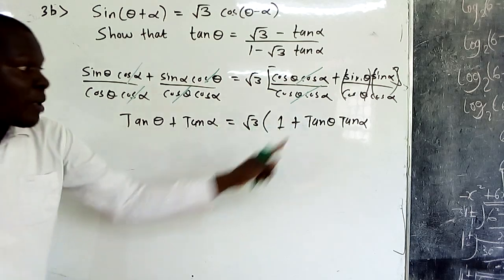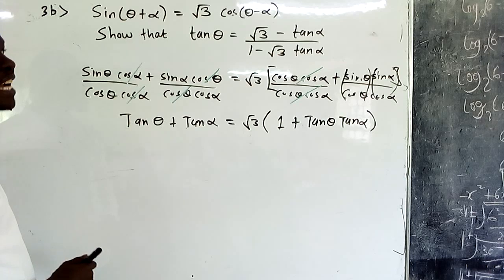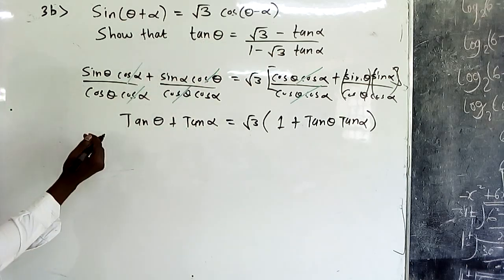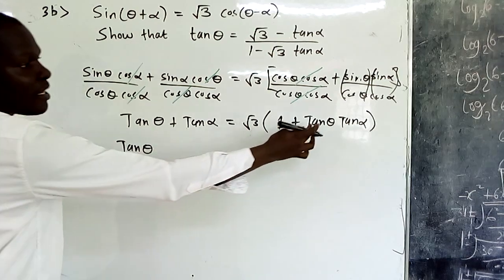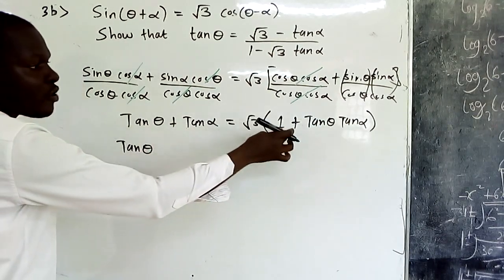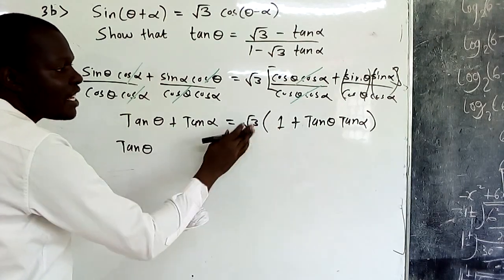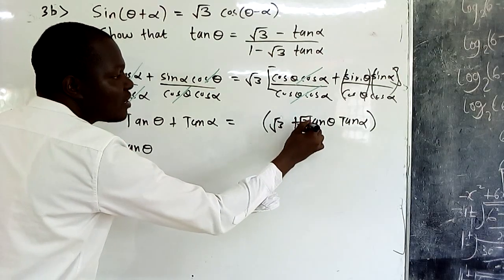Then you open this bracket and you collect the like terms. Tan θ must be on this side of the equation, isn't it? So this side we have tan θ collect. Meaning tan θ tan α coming this side, it becomes minus, isn't it? When you take √3 inside the bracket, √3 times 1 is √3, then √3 times tan θ tan α.